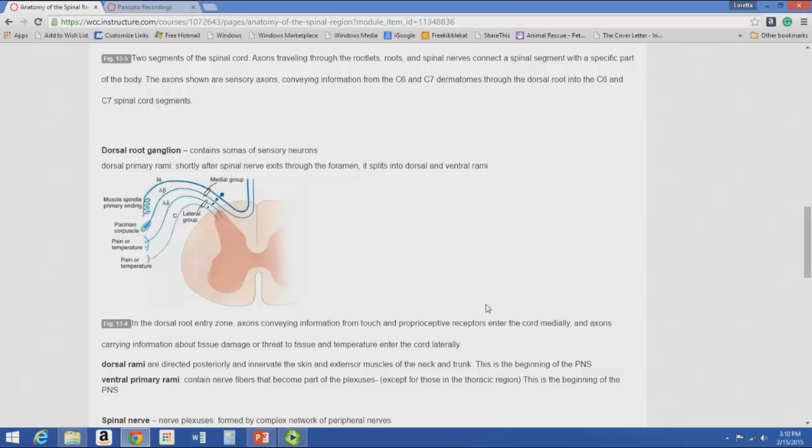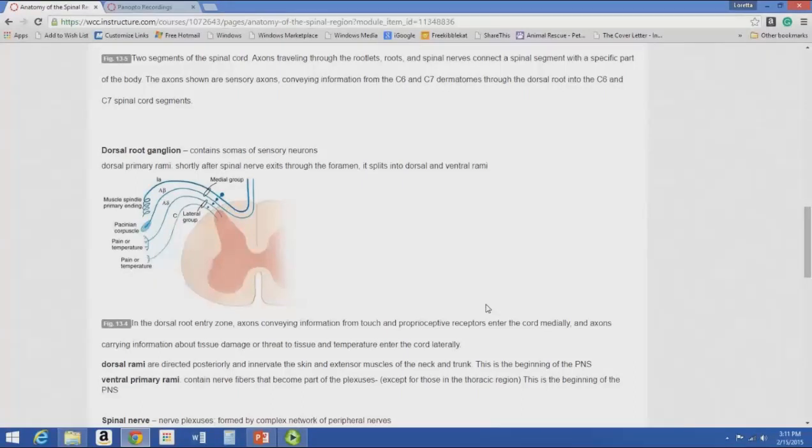So the dorsal rami of the spinal nerves are directed posteriorly, and they innervate the skin and extensor muscles of the neck and trunk. The ventral rami contain nerve fibers that become part of the plexes, except those in the thoracic region, and this is the beginning of the peripheral nervous system.